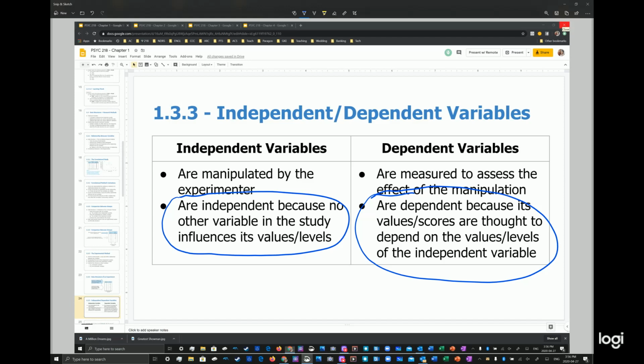So you might think of the independent variable as the one that you manipulate or change, and the dependent variable as the one that you measure or count. If those help you remember, good.